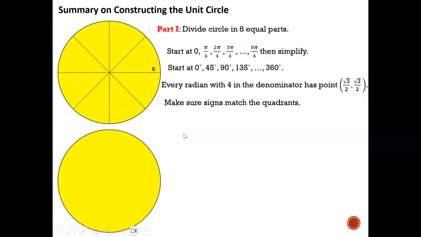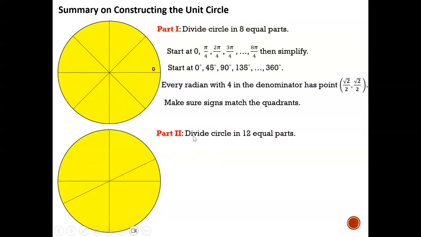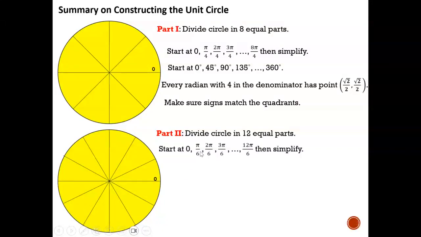Okay. Now part 2. For part 2, I'm going to divide the circle in 12 equal parts. And then I'm going to start at 0 and keep adding pi over 6 until I come to 12 pi over 6. And then we simplify. And then we're going to start with the degrees. We start with 0, and we keep adding 30 degrees until we come to 360.